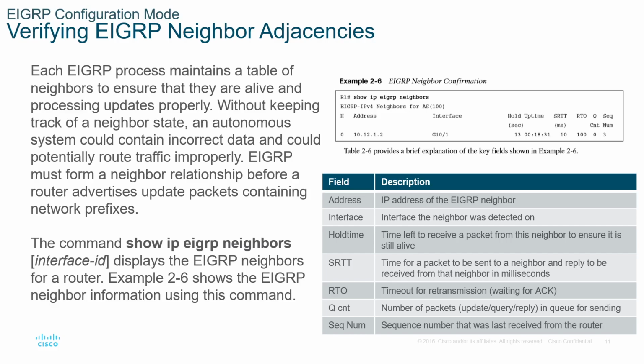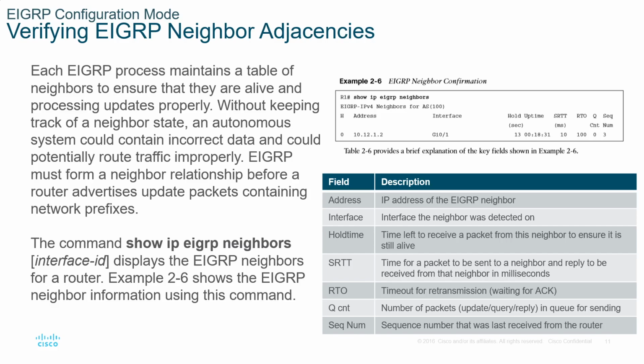So you need to have a neighbour relationship form, and your hello messages are going back and forth continuously to monitor that connection after you've formed your neighbourhood. And that happens when you're doing the convergence.